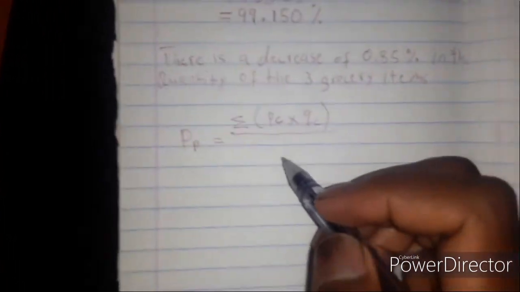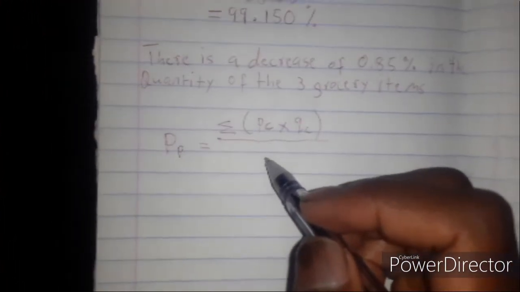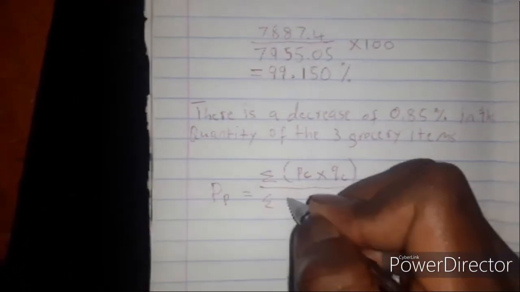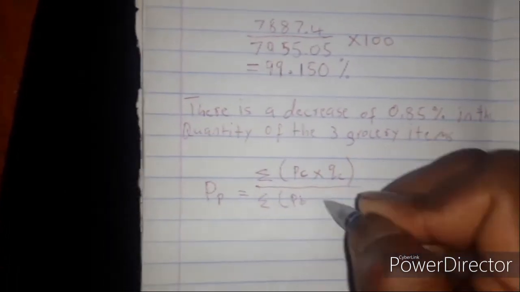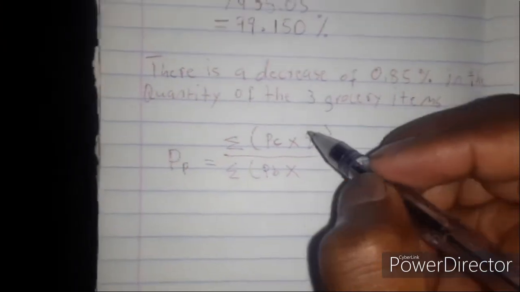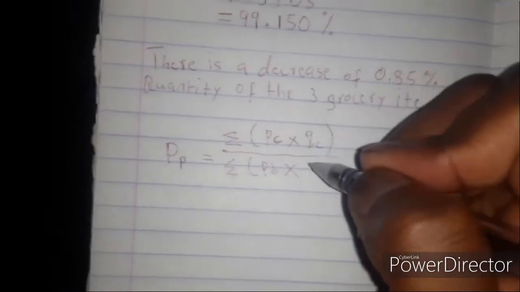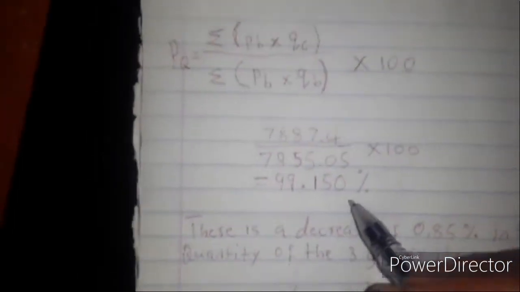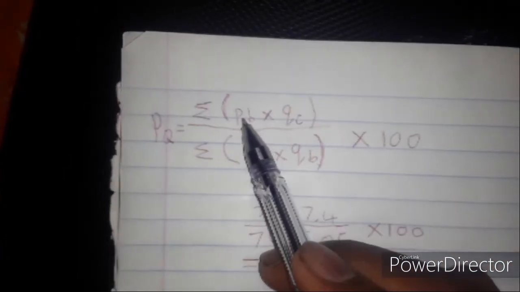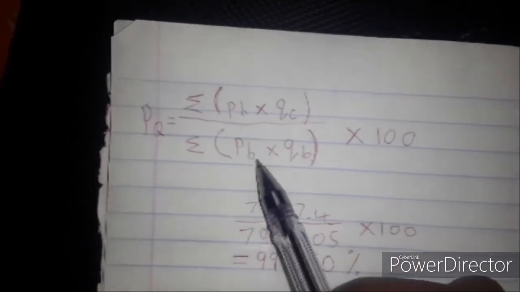Then divide by the sum, which is PB times QC. Here the prices were the same.